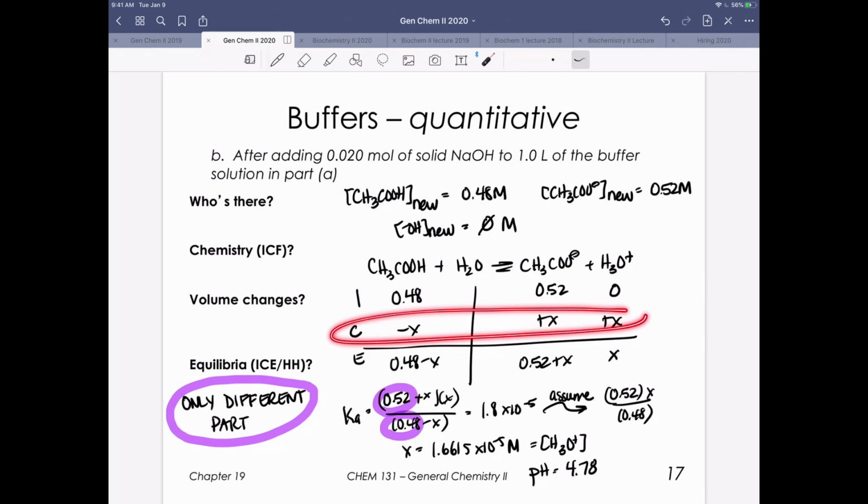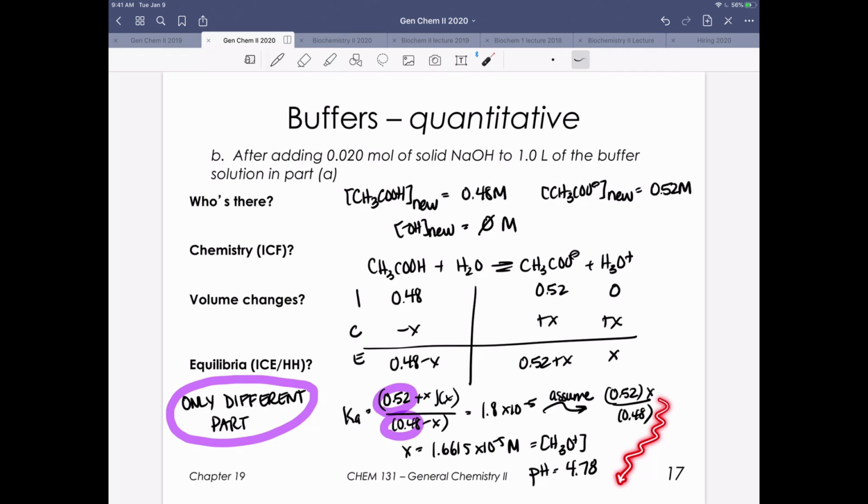Treat this the same with our minus x's and our plus x's. It really doesn't matter whether they're minus or pluses because we're going to make assumptions that allow them to go away. But what I want to highlight is the only part that is different from problem A is that rather than these being 0.5 and 0.5, our conjugate base army is a little bit bigger, and our weak acid army is a little bit smaller.